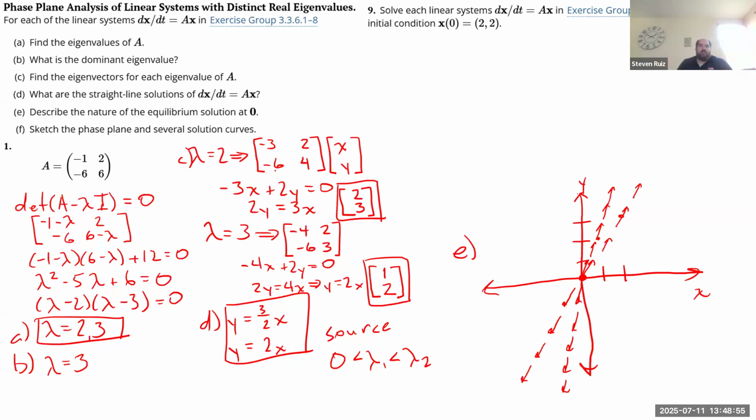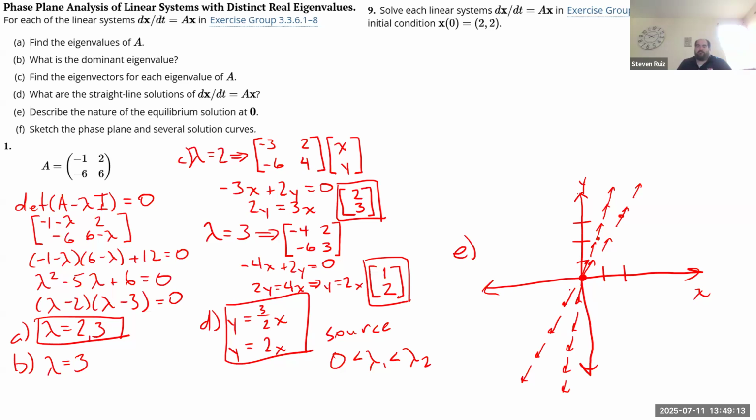We also talked about which one's dominant. The dominant eigenvalue was 3, which means the line y equals 2x is going to have more of the vectors on my plot resemble 2x as opposed to 3 over 2 x.